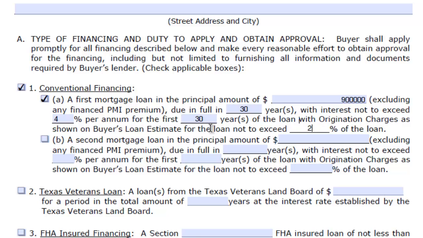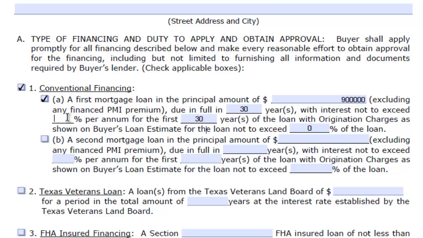Something funky could happen later on where the client decides they want to lower their out-of-pocket cost, and they might choose to work with the loan officer, if they have some flexibility, to maybe raise the interest rate so that they can come with no origination charges. I don't know, I'm just throwing out a scenario. Then you just want to make sure you have a little bit of wiggle room there.